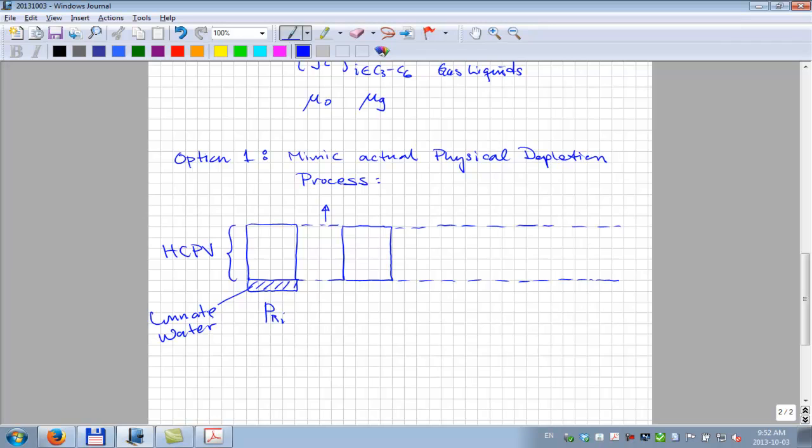The water has no mobility. As pressure decreases, it's a liquid phase. What happens to the volume of water as you decrease the pressure? The pressure decreases as we deplete. What will happen to the water volume? It will expand. Well, at least logically.